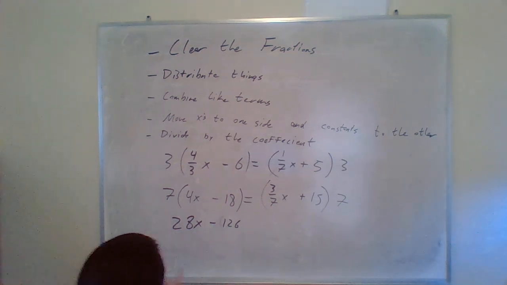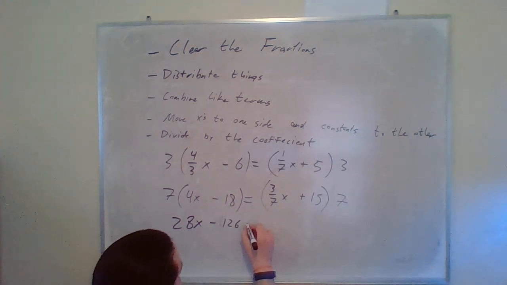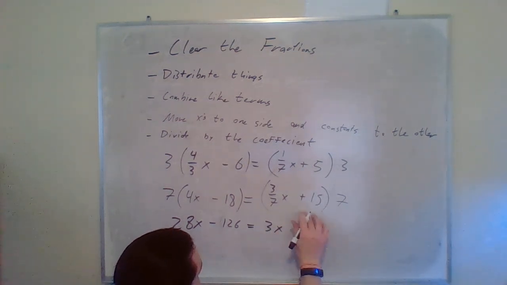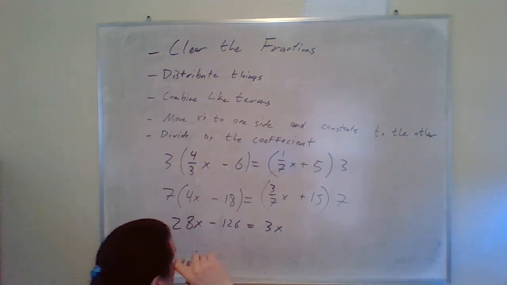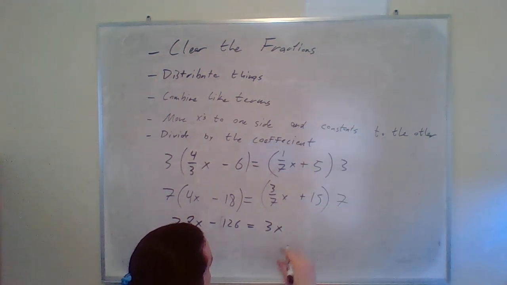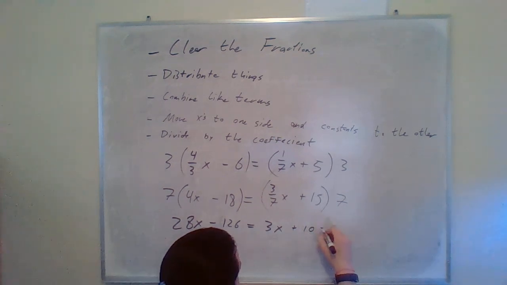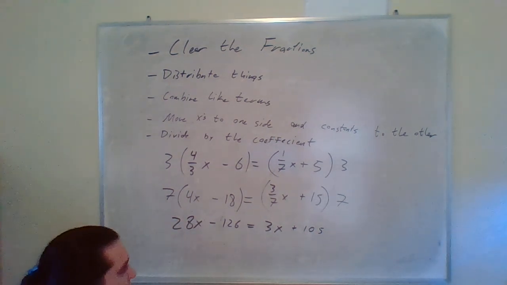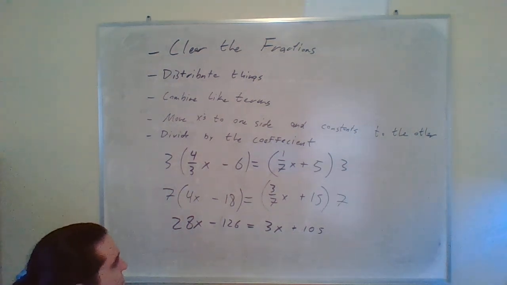Yeah, that's right. 28x minus 126 equals 3/7 times 7 is just the 3. 15 times 7 is 70 plus 35 is 105. Not so bad. Beats working with fractions anyway.